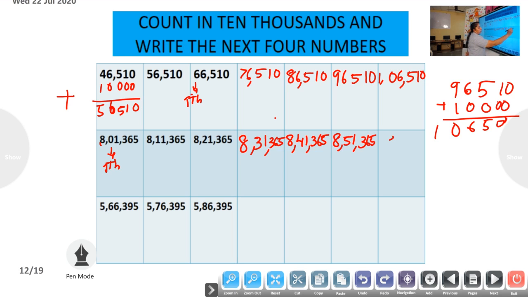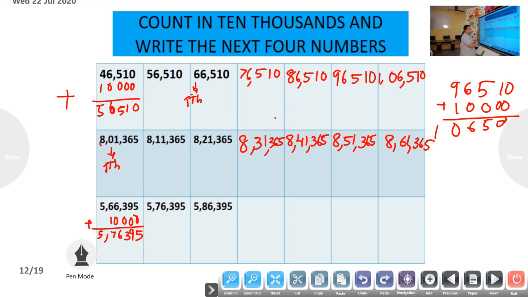Then, yes. So can you do the next? You have to add 10,000. How do you add it? Yes, 10,000. 9, 3, 6, 7.